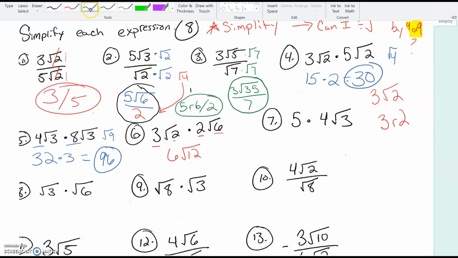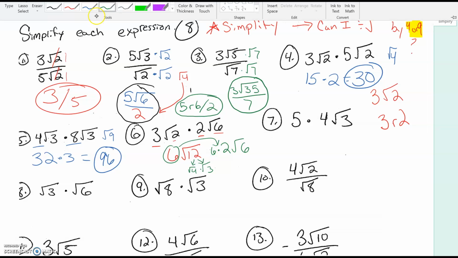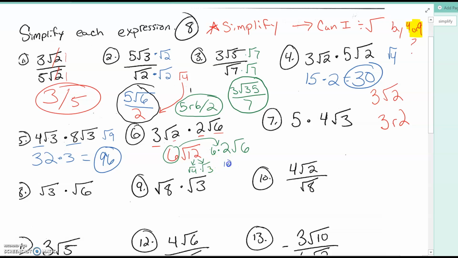Okay, you can actually go one more step further and break it down. 12 would be 4 and 3. Square root of 4 is 2 square root of 3. But then I'd still have this 6 here too. So my final answer is going to be 12 square root of 6.